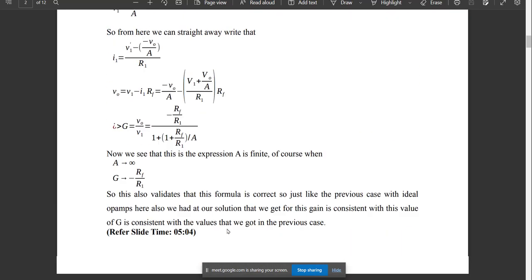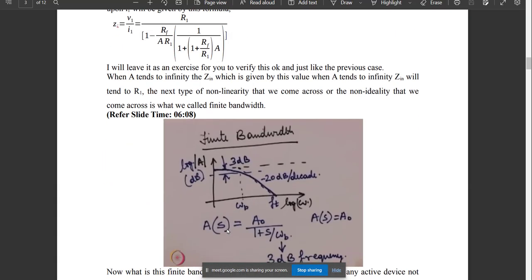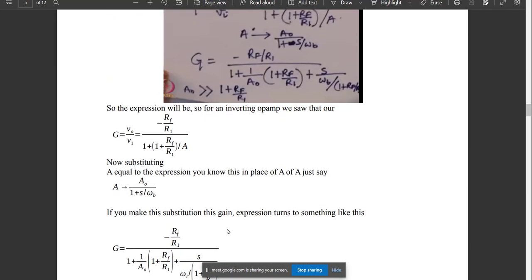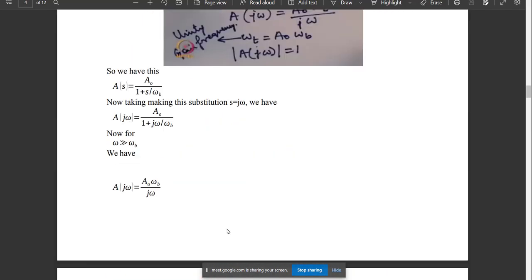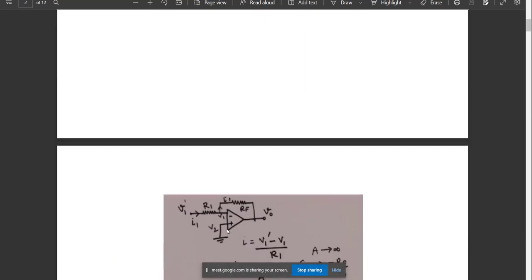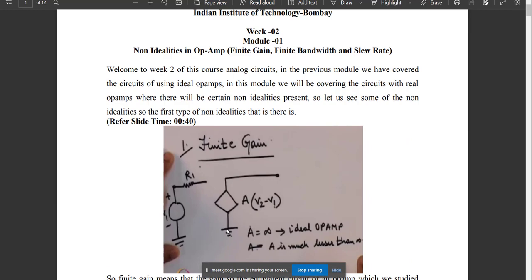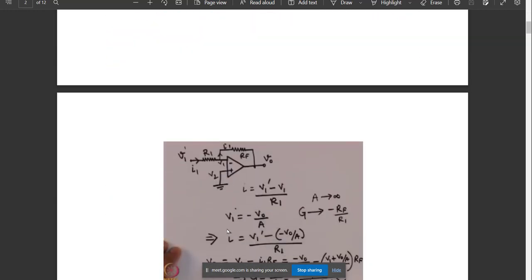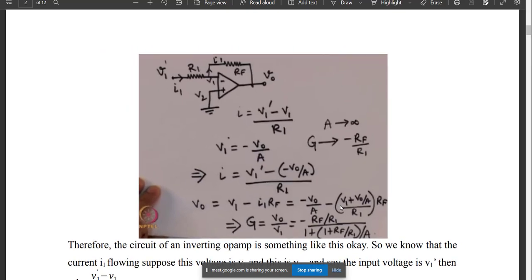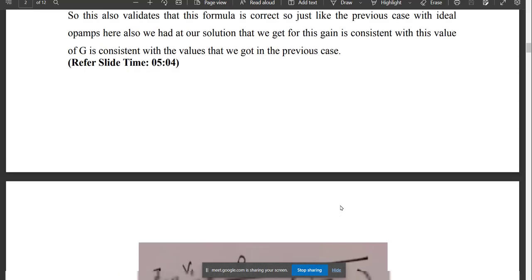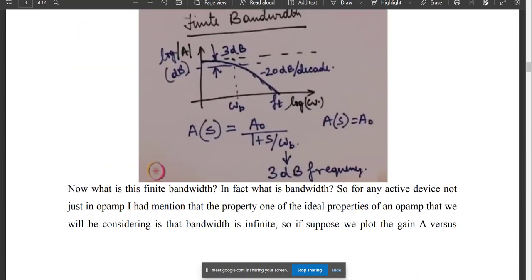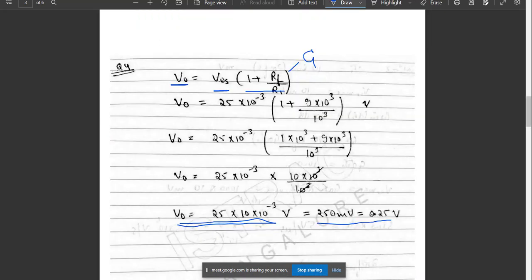Any doubt, anyone? Okay. What is this? Finite gain.